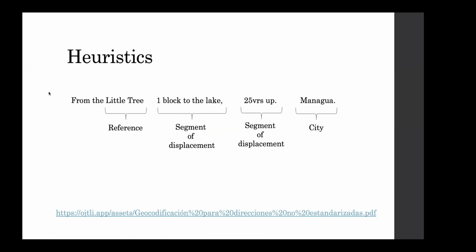For example, here is the same address we saw before, but a very basic example where we have just three entities: reference, segment of displacement, or segment in short, and then the city. But there are also many more. I actually wrote a paper last year that is also available there if you want to understand the other entities that can be found. But this is the very basic one.